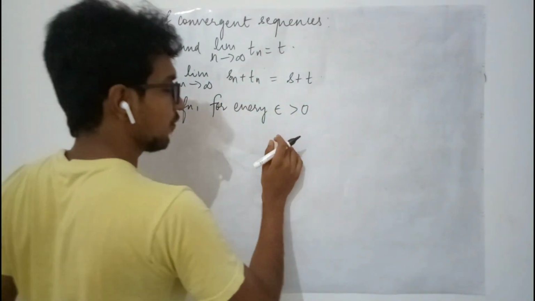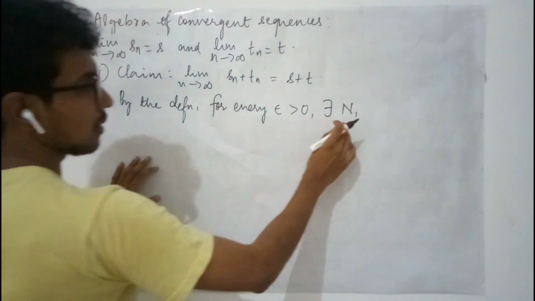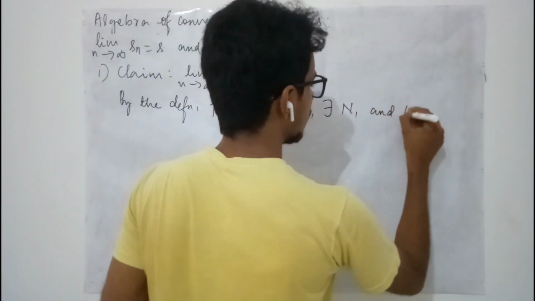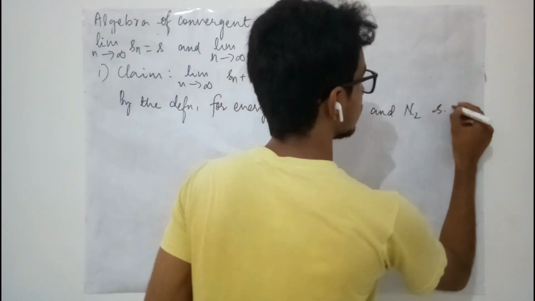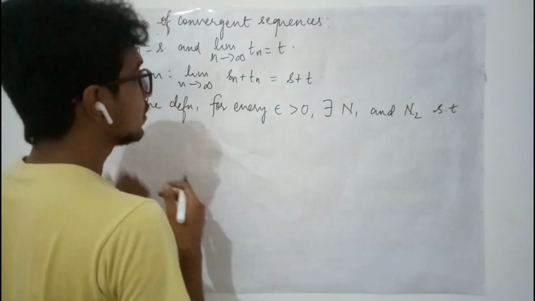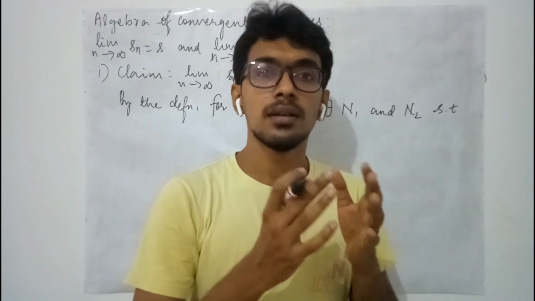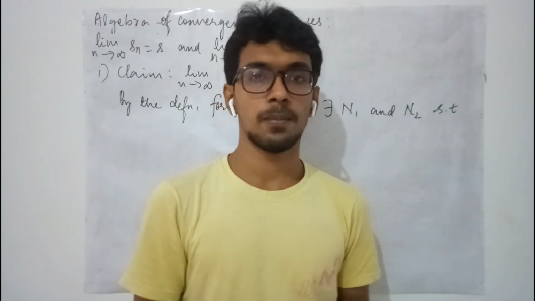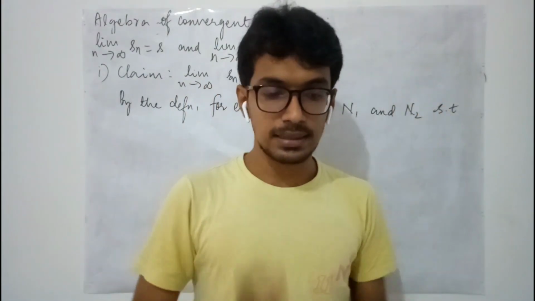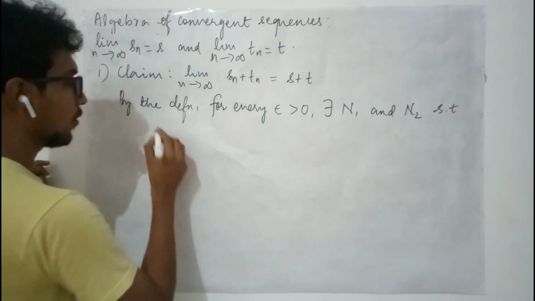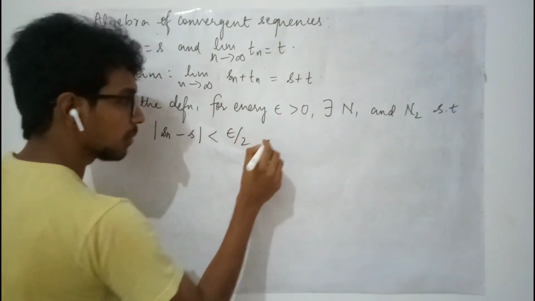For every epsilon greater than 0, there exist n1 and n2, because I am going to talk about two sequences, such that, since these are considered in the complex numbers under the standard Euclidean metric, and we are not talking in any other metric, we will have absolute value of Sn minus S less than epsilon by 2.